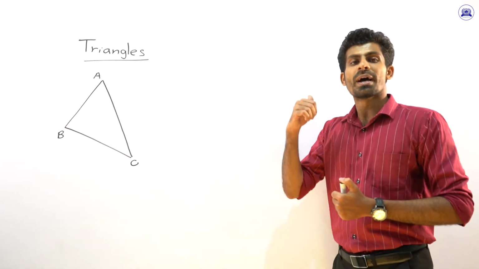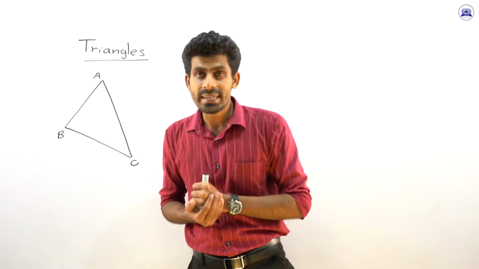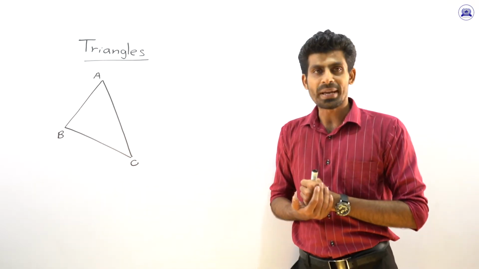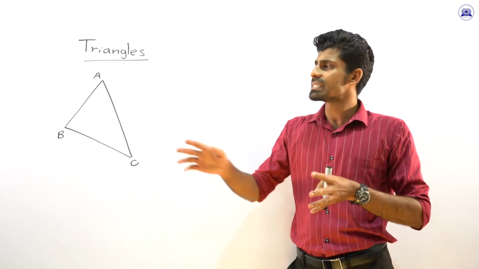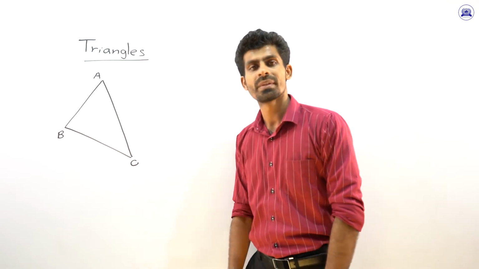You have learned that a polygon formed by 3 sides, 3 straight line segments, is called a triangle. You can clearly see the sides: AB, BC, CA. A triangle has 3 sides and also 3 angles, right?